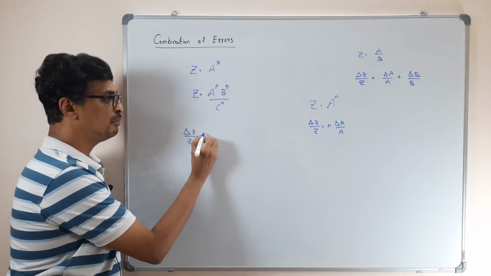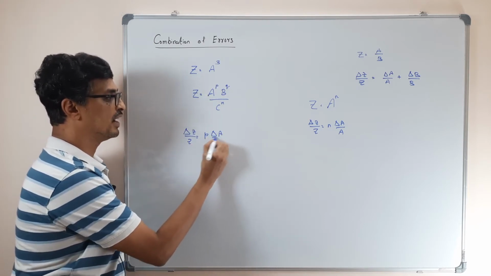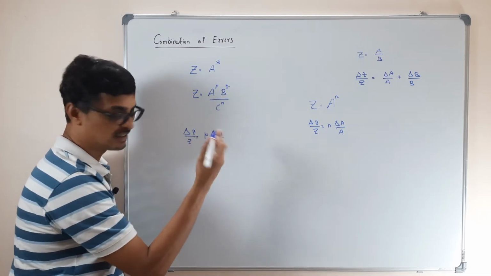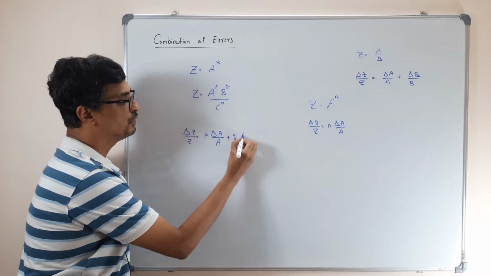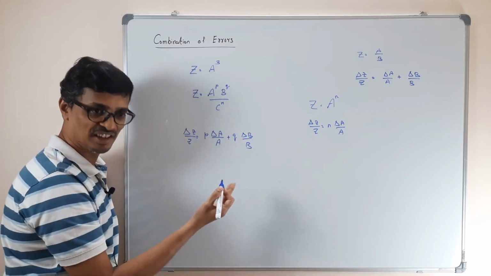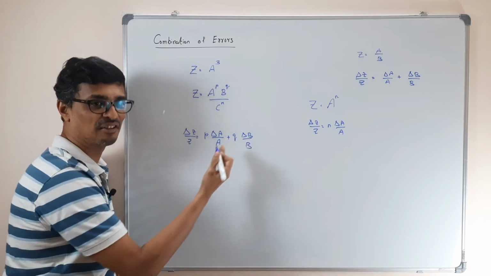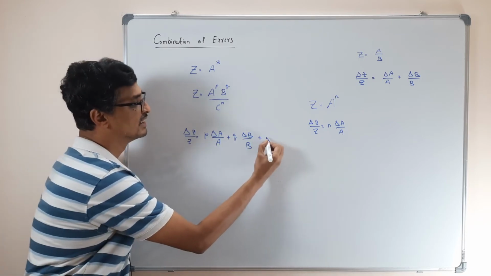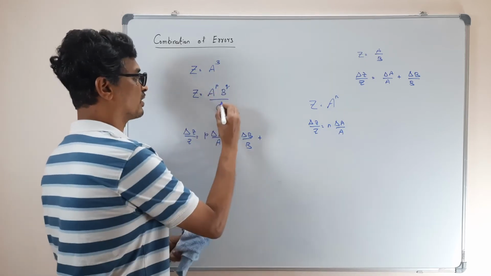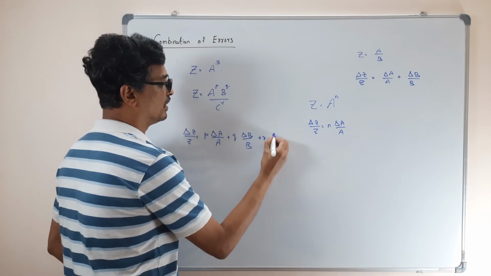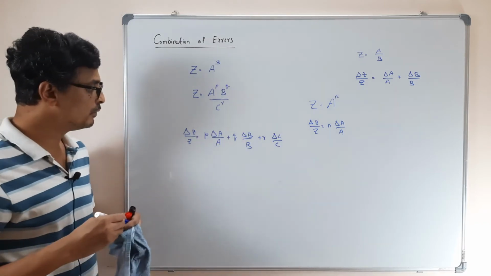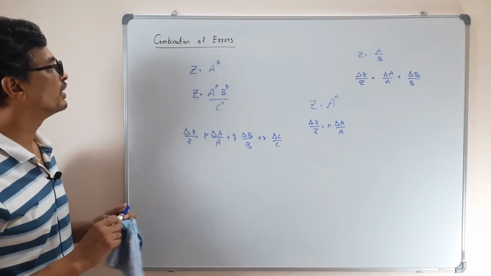This will have P into delta A by A, plus Q into delta B by B. Multiplication is always plus. It doesn't matter if it is division, I told you, the relative error gets added. Plus R into delta C by C. It's clear? So this is the way you find the error.